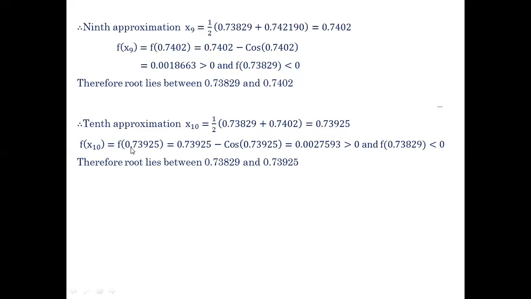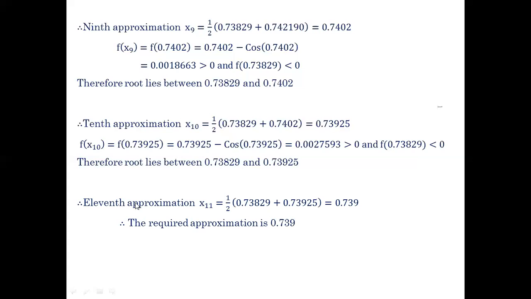x10 is equal to 0.73925. Substitute in x minus cos x, that is 0.73925 minus cos 0.73925, which is equal to 0.0027593, greater than 0. The negative value is f(0.73829), less than 0. Therefore, the root lies between 0.73829 and 0.73925.